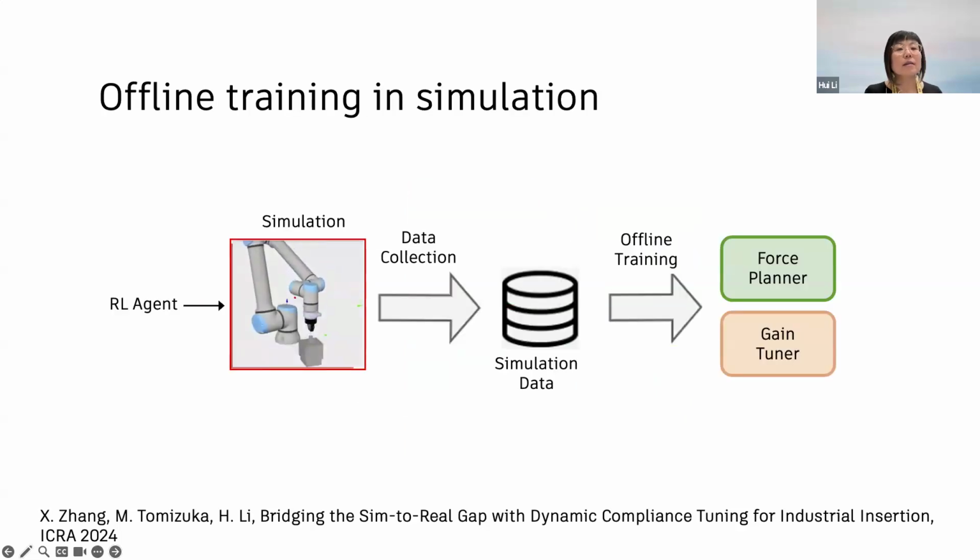The approach we took is offline training in simulation. We use an off-the-shelf RL agent to generate the sim data. We train two separate neural networks. One is a force planner that plans both robot motion and contact force, and the gain tuner predicts the corresponding compliance gains.